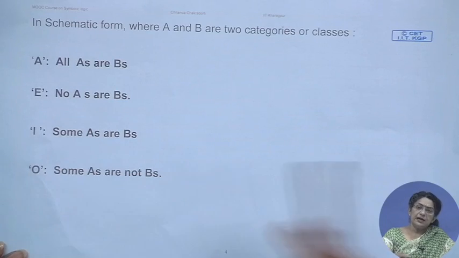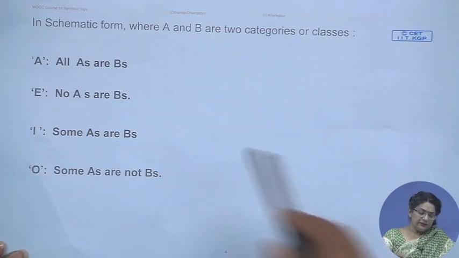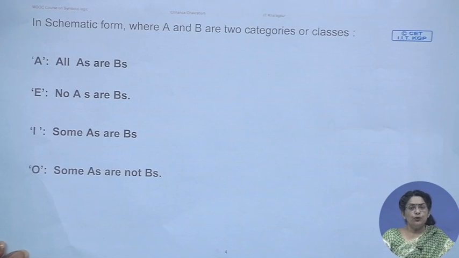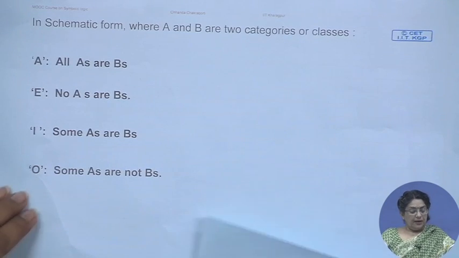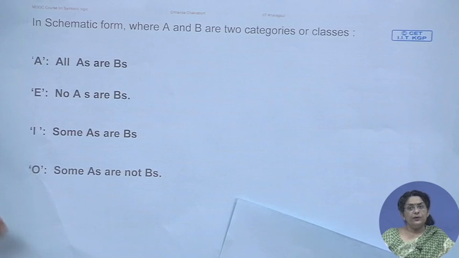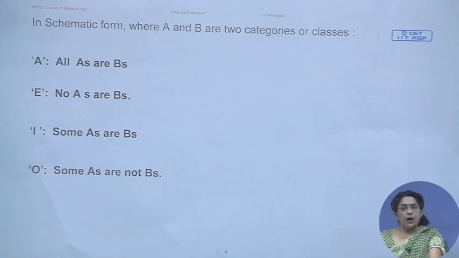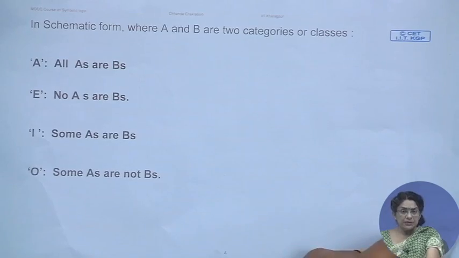So, all A's are B's, that is the classical form of A proposition. E on the other hand is no A's are B's. Okay. I is some A's are B's, O is some A's are not B's. Now, this schematic form, if you can really grasp, then our job is really done here. We wanted to ask you to remember the schematic forms of this.